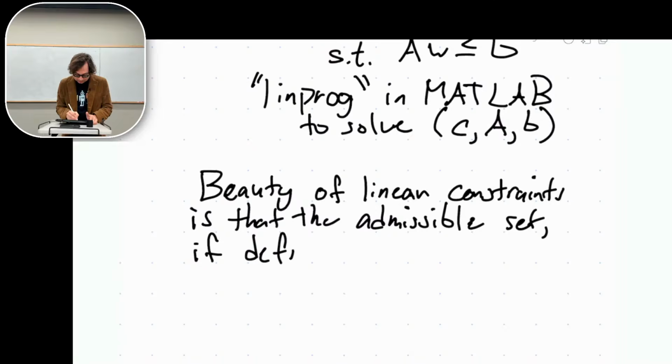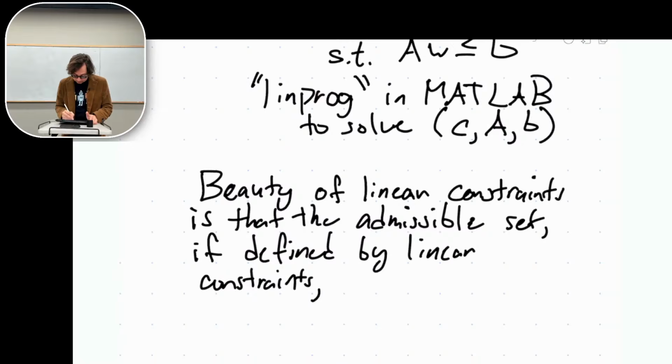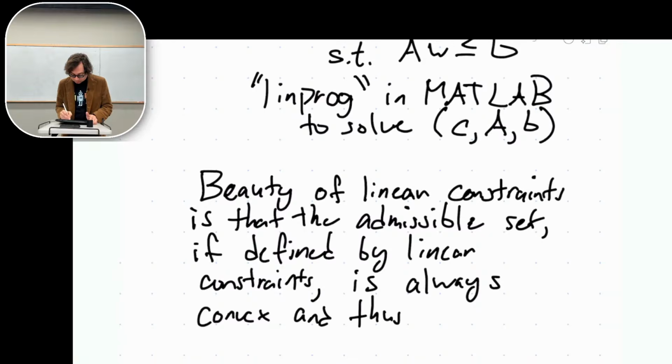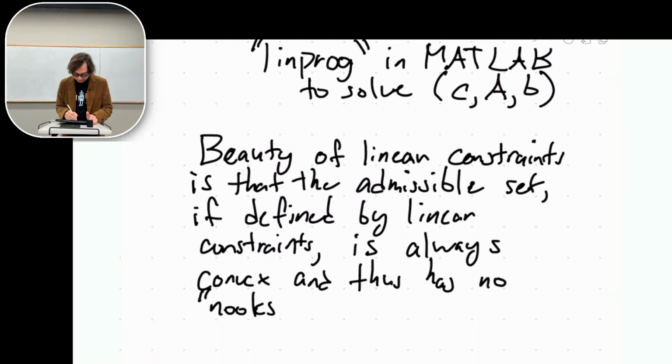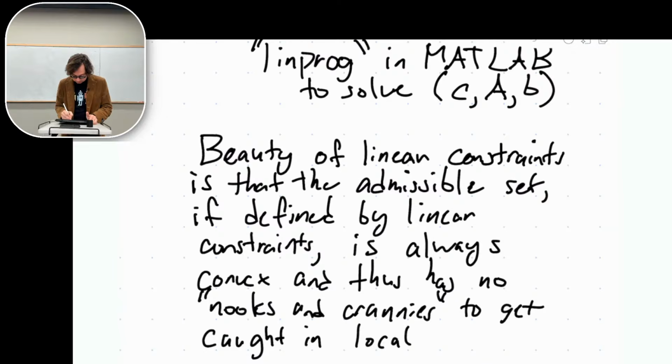If defined by linear constraints, it is always convex, and thus has no nooks and crannies to get caught in local minima. Okay? I think this is worth reiterating.